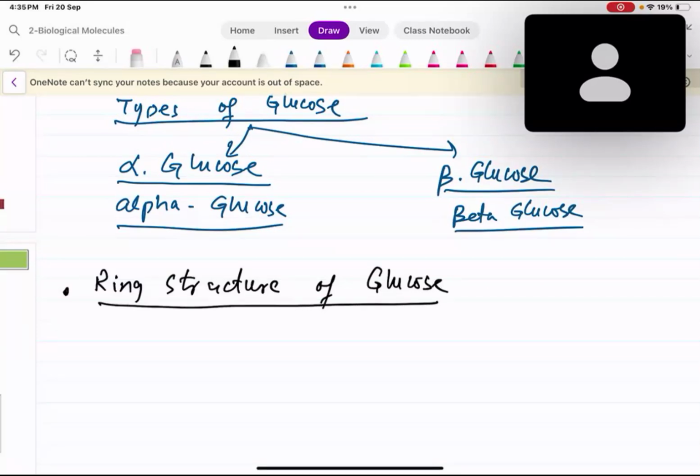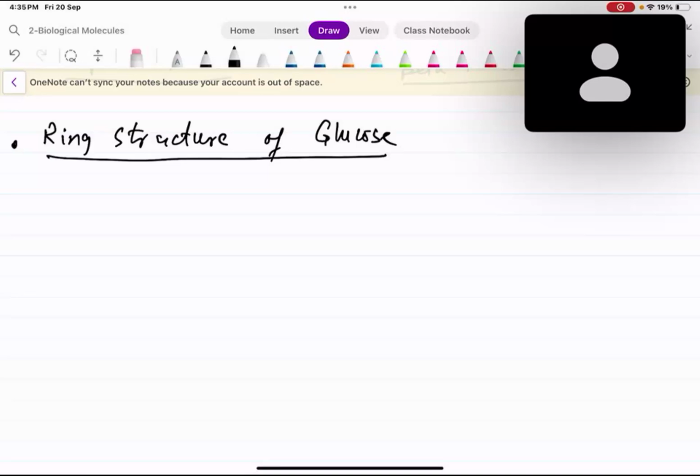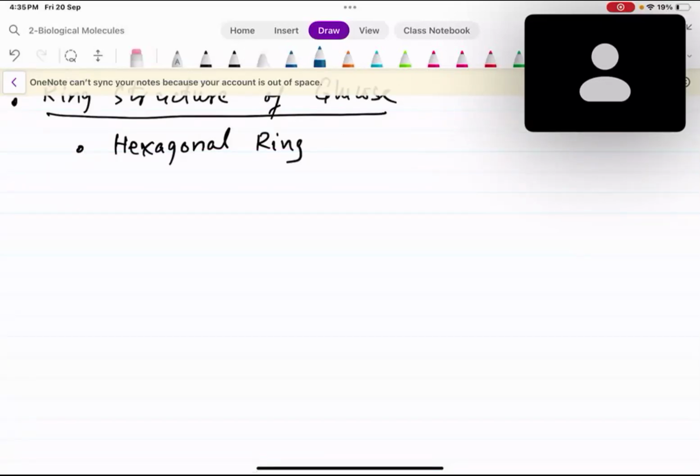We have to remember this as it is. It has a hexagonal ring. Hexagonal means it has 6 corners. You should make these 6 carbons, so this is hexagonal.